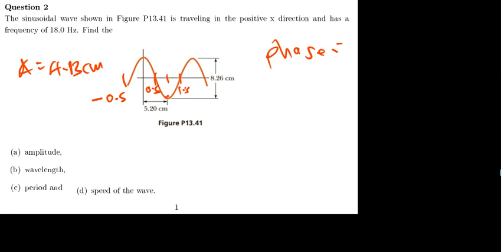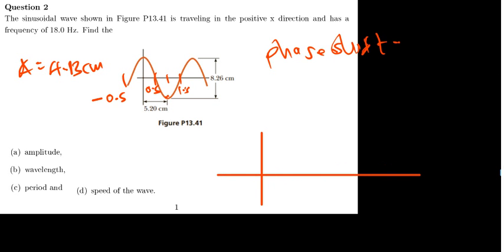Let me give you this. Let's say we have this, and our wave starts from this point.